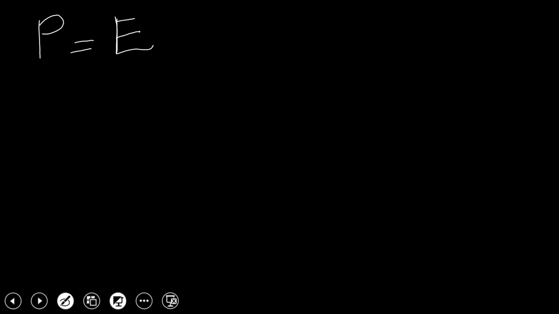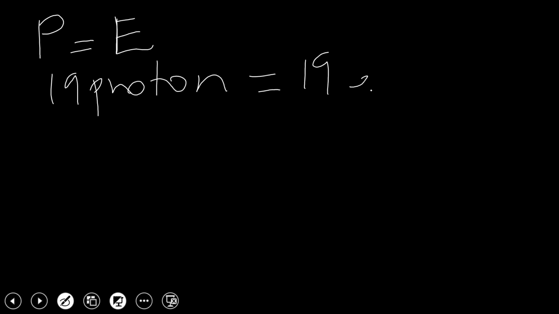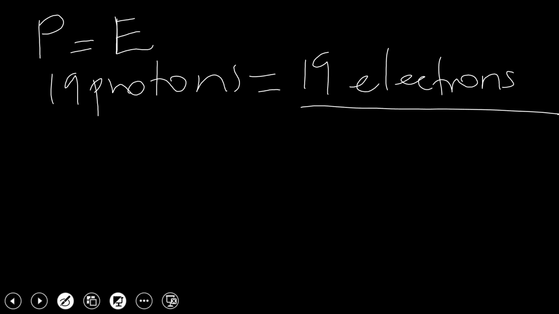So if an atom has 19 protons, it means it has 19 electrons. So we use the electrons to draw an electronic structure and also to write the electronic configuration.